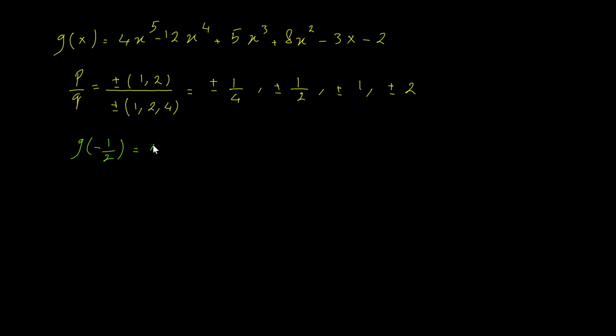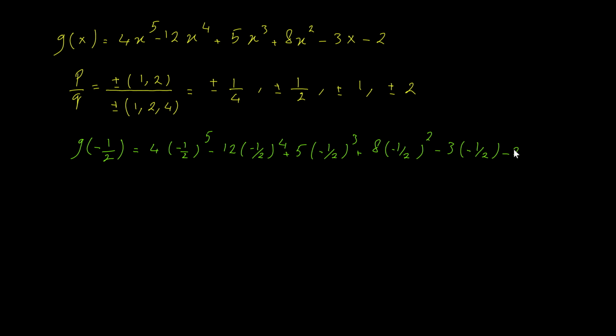If we do it, it's going to be 4 times negative 1/2 to the 5th, minus 12 times negative 1/2 to the 4th, plus 5 times negative 1/2 to the 3rd, plus 8 times negative 1/2 to the 2nd, minus 3 times negative 1/2, minus 2, and we simplify, we get 0.